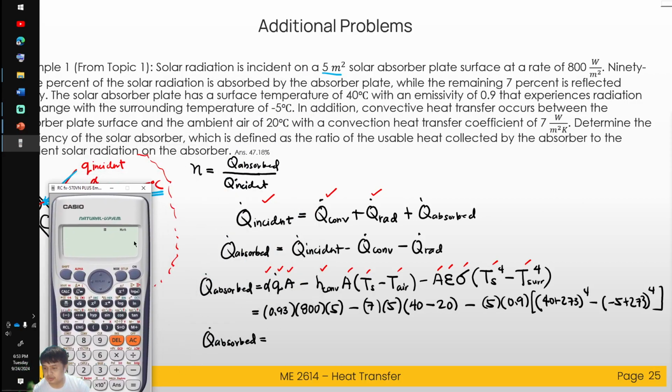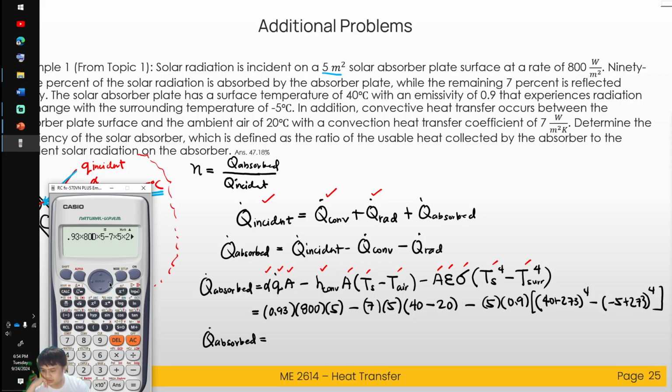Okay, so this will be 0.93 times 800 times 5 minus 7 times 5 times 20 minus 5 times 0.9 times you have 40 plus 273 to the fourth power, and then minus -5 plus 273 to the fourth, and then that's it.